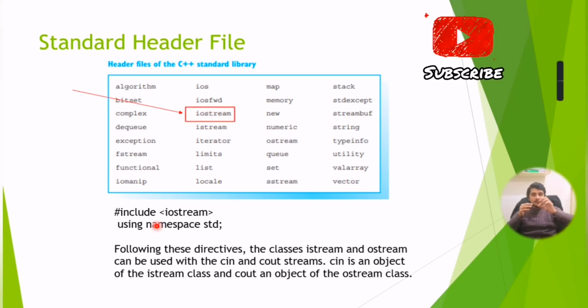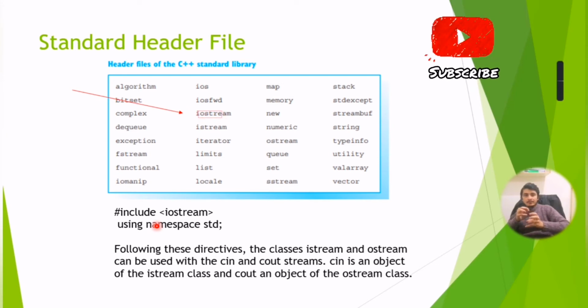I am taking this value from that particular library, and then I'm using it in my program. In this way, the C++ program will understand what you actually want to achieve, and in this way you can write that program.